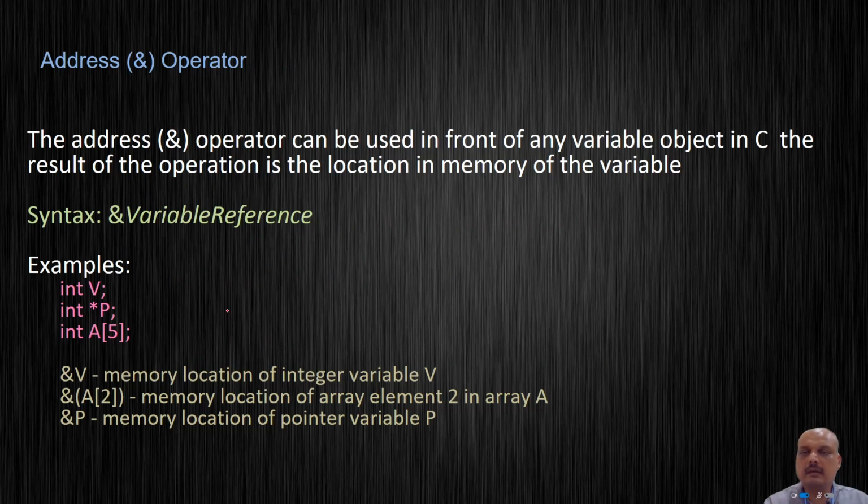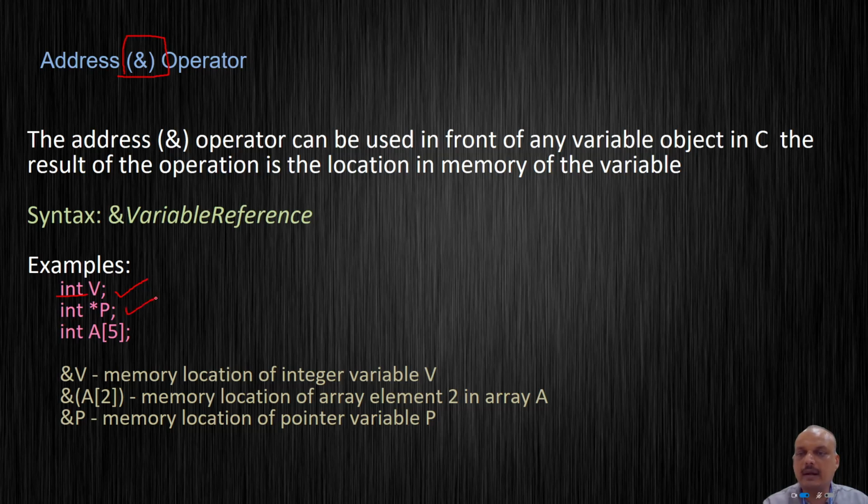While referring to pointers, the two operators that we normally use are the address of and the value at operator. The address of operator is denoted using the ampersand sign. So let us look at where we use the address of operator. Here I have a variable v of type integer.